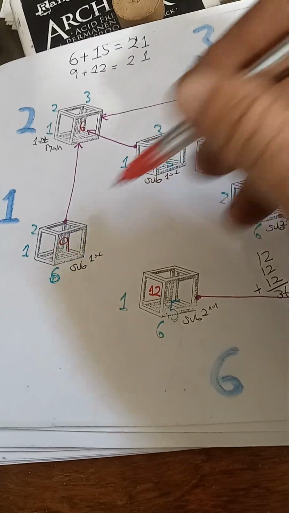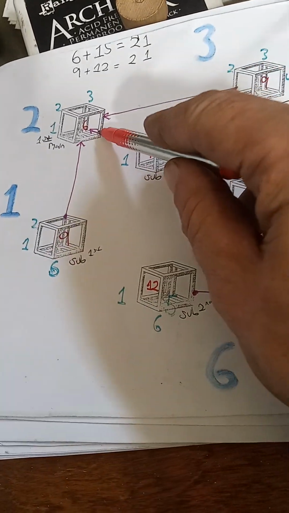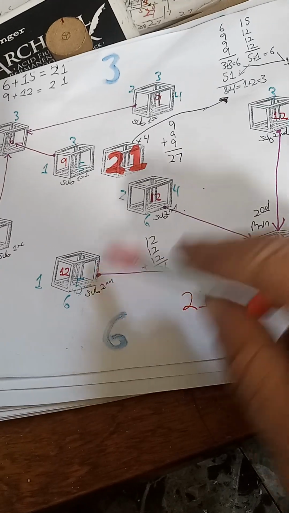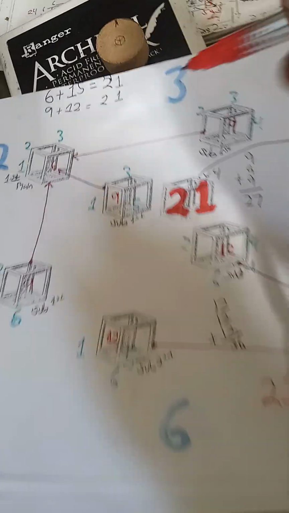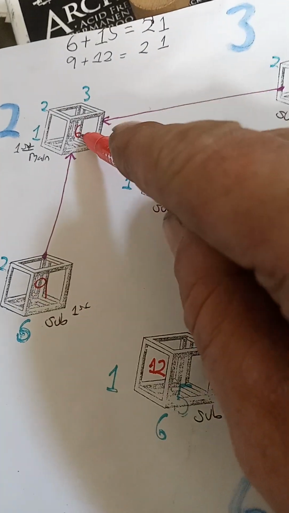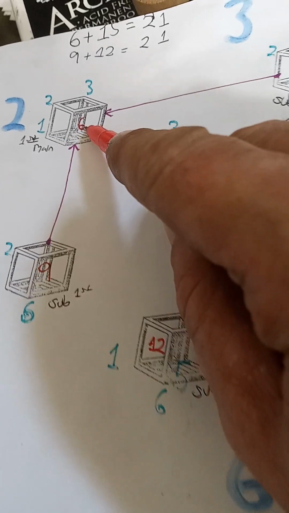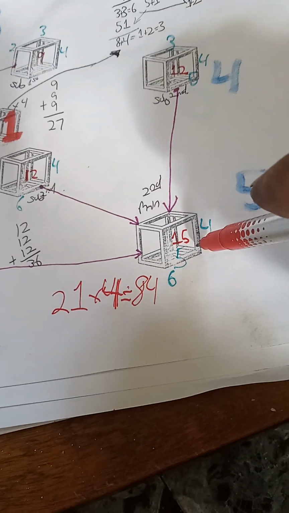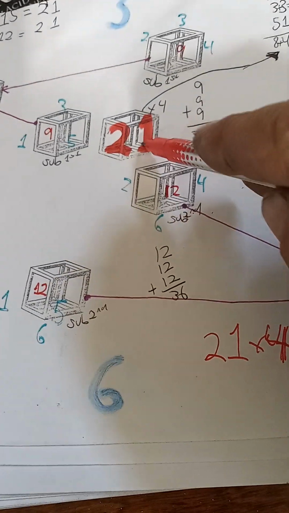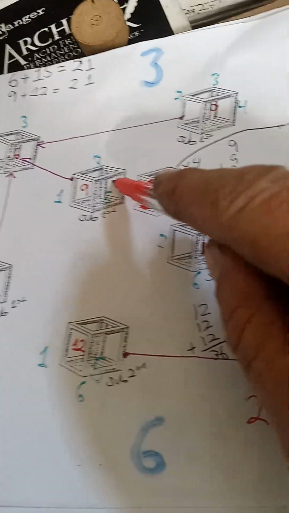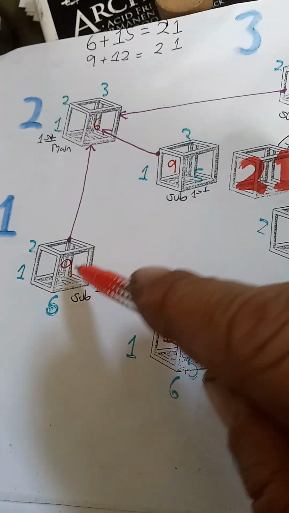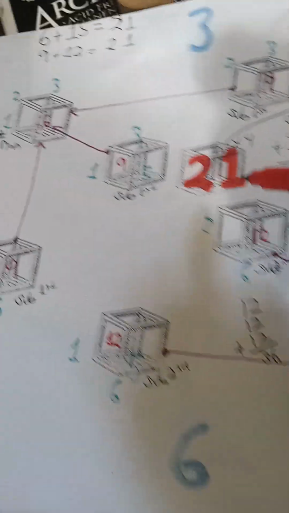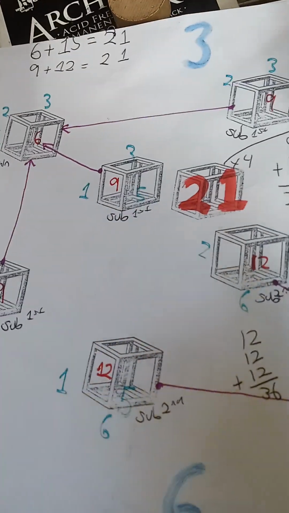But 1, 2, 3, 4, 5, 6, 9, 9, 9 goes to 6. 12, 12 goes to 15, and if you look at these 6, and this is the same thing on all the others too, 6 over here, up here at that fractal central ghost number, and 6 and 15 down here add to 21. And then on the other sides too, on the other axis or diagonals, 9 and 12 is 21, 9 and 12 is 21, 9 and 12 is 21. So that's another property, and that works in all of them, random or not.